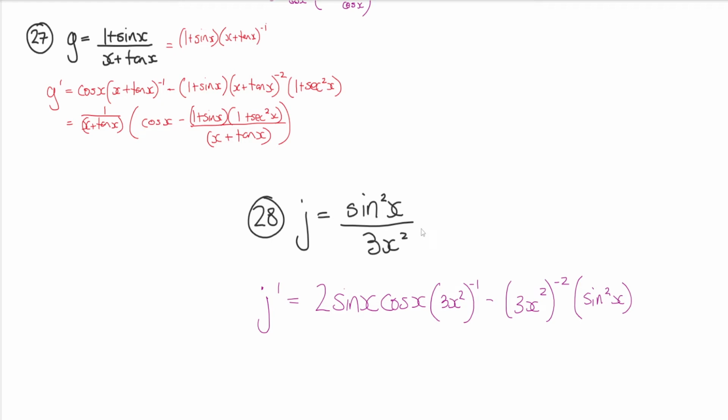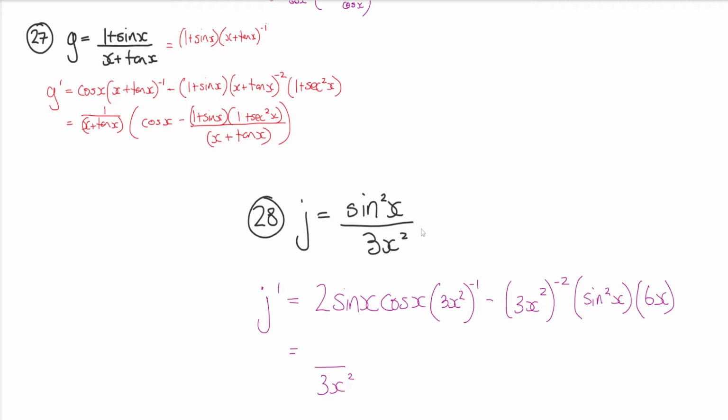Boom, and our negative comes out front, and the derivative of the inside, which is 6x, right? Okay, so did that probably in the horrible order, but you get the deal.